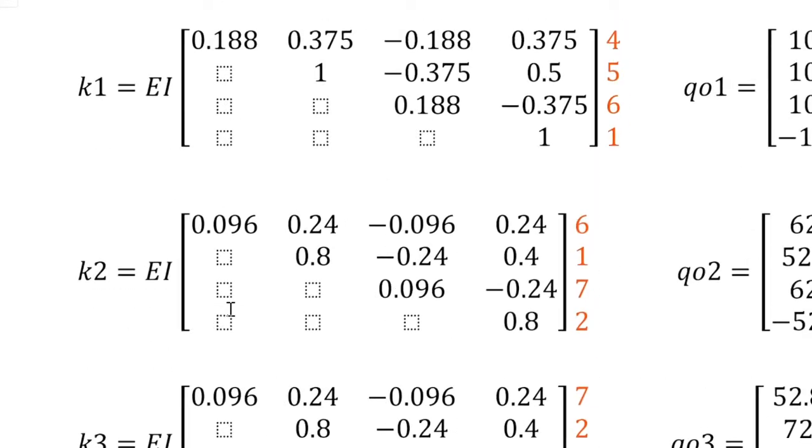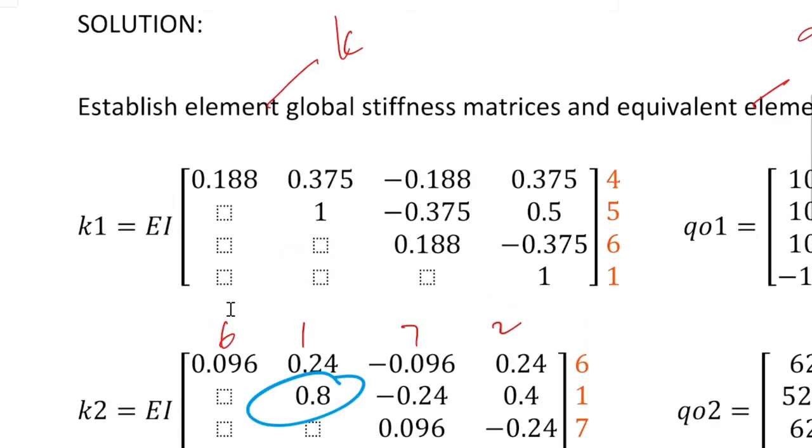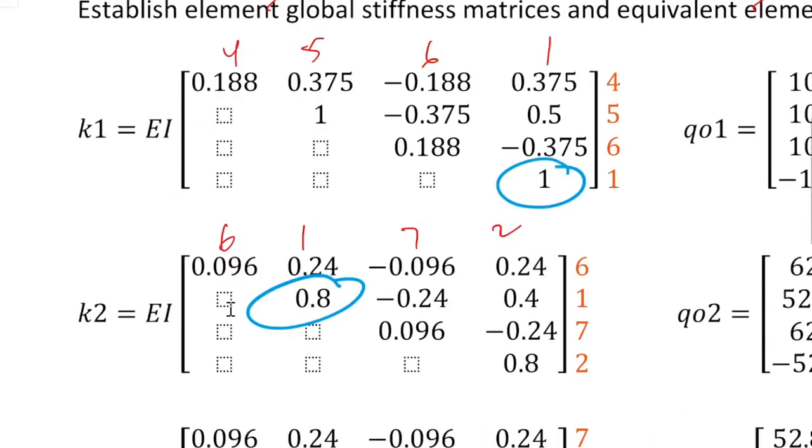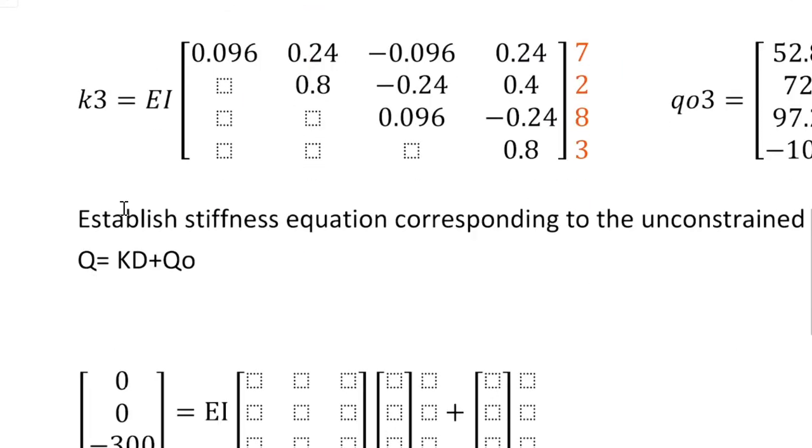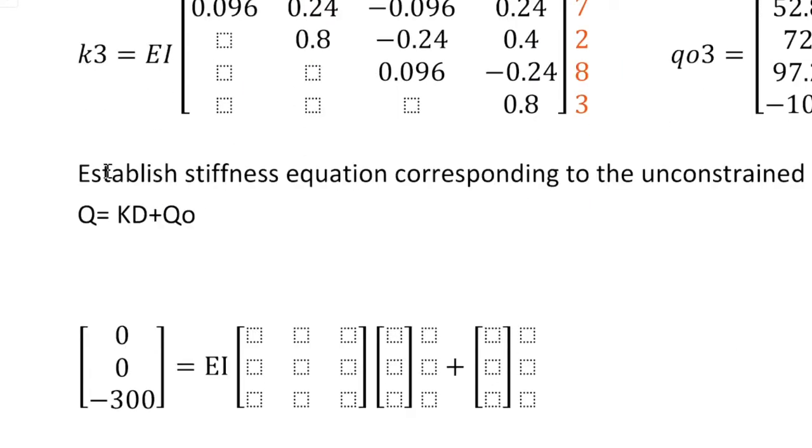It is in K1 and K2: 1 plus 0.8 is 1.8. So we put 1.8 for 1,1.